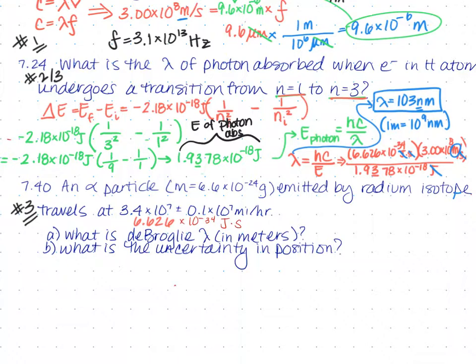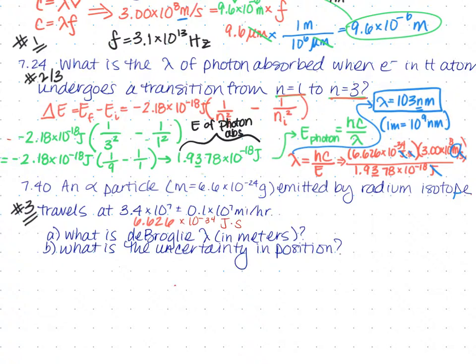It travels at 3.4 times 10 to the 7 plus or minus 0.1 times 10 to the 7 miles per hour. The reason that this problem is a little bit more difficult, I think, than number 24 is because there are a lot of conversions that are necessary in this problem. So let's first look at problem 40, part A.